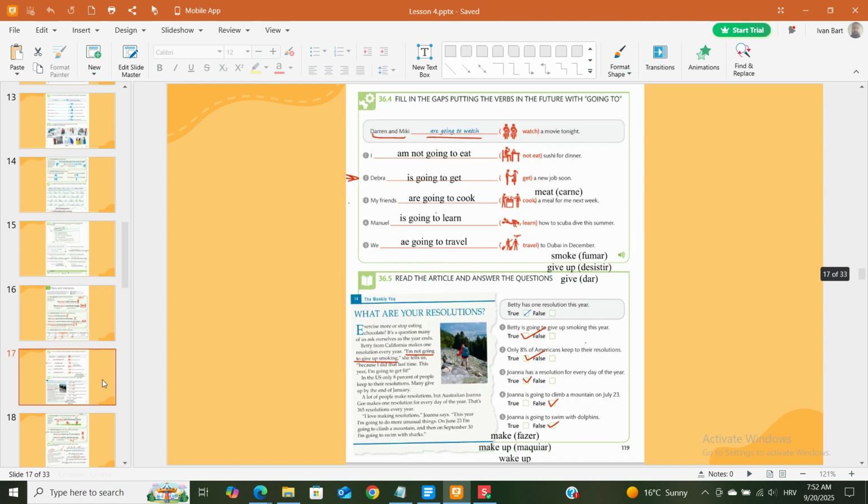36.4 Fill in the gaps, putting the verbs in the future with going to. Darren and Miki are going to watch a movie tonight. My friends are going to cook. Is going to get. Is going to learn. I am not going to eat sushi for dinner.